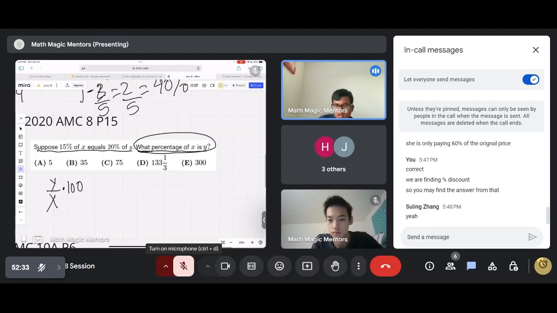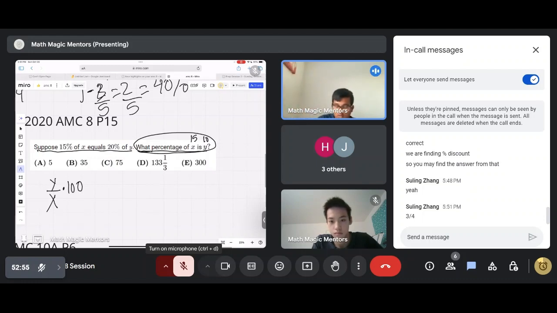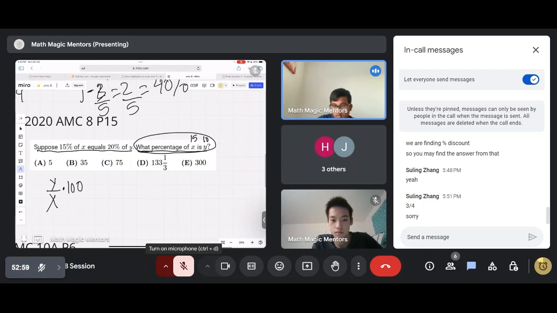Think about it in terms of actual numbers: what percentage of 15 is 10? You'd find 10 over 15 and then multiply that by 100. So that's what the problem is saying.